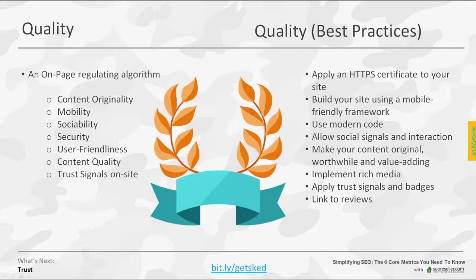So this is about content originality, the mobile compatibility of your site, and what kind of mobile compatibility you created. Are you client serving? Are you MDOT, or are you a responsive website? They all impact search differently. What about sociability? Sociability is your website's ability to interact with users on a social level.